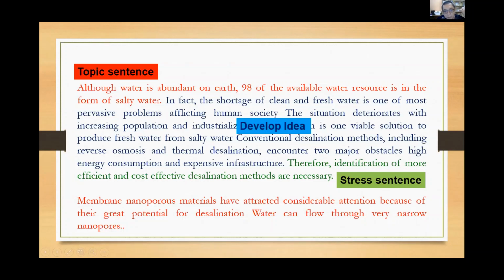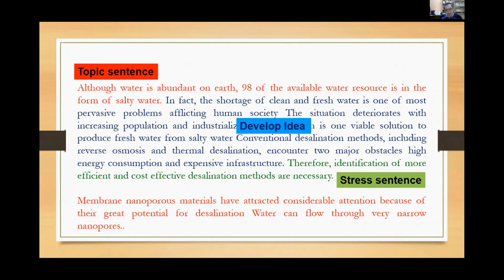So the further sentences, in blue color, try to develop further and explain your topic. And the last sentence of the first paragraph, you see, is a stress sentence. You use it to stress your idea in the paragraph.